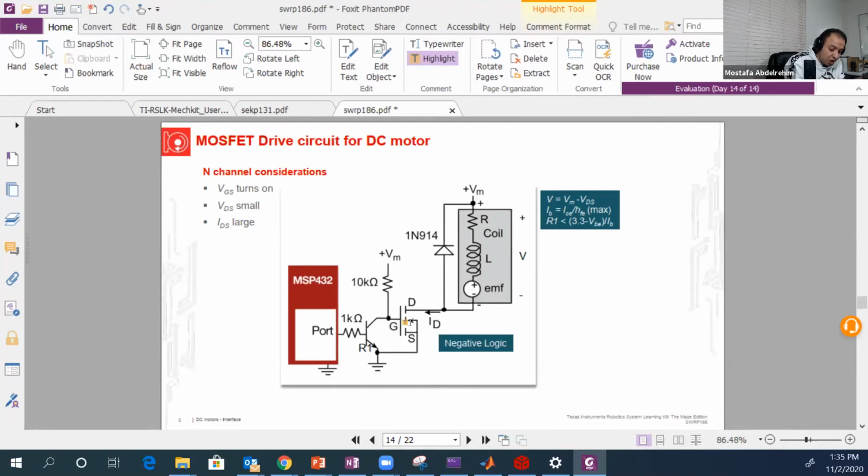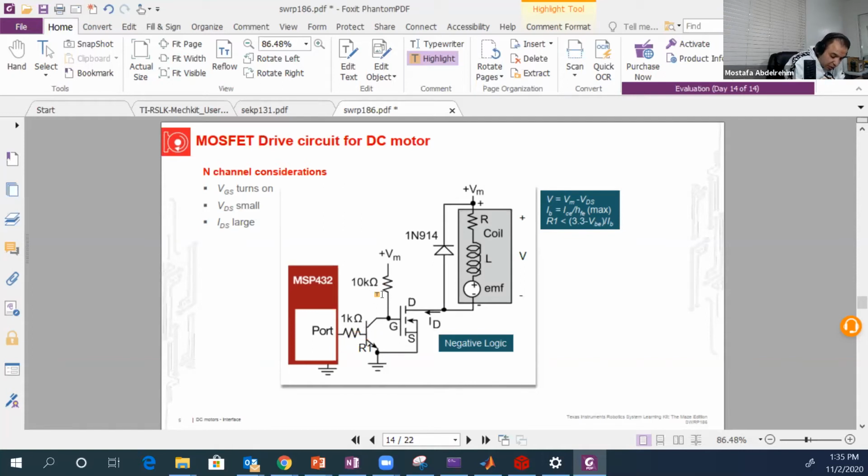And if this guy is off, then there will be no current flowing in the motor. So the motor will not rotate. So it's opposite to the first circuit. In the first circuit, when you have high here, there will be a current in the transistor, so the motor will run. And if you have low, the motor will not run. Now, if you have high, the motor will not run. But if you have low, the transistor will not work.